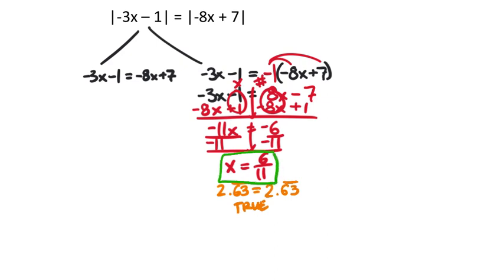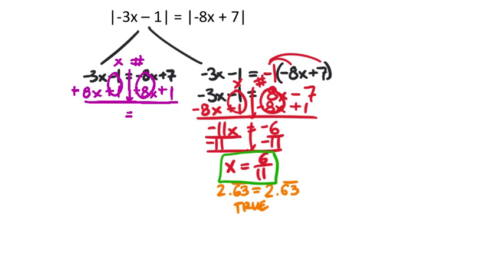Let's see if we can find a second one. Let's start on this next one then. Same idea. I'm going to put my x's on the left, numbers on the right. So the negative 1 will be zeroed out by adding 1 to both sides. So that will zero out. But the negative 8x, again, it's on the number side of things, so we'll have to add 8x to both sides to zero that out.